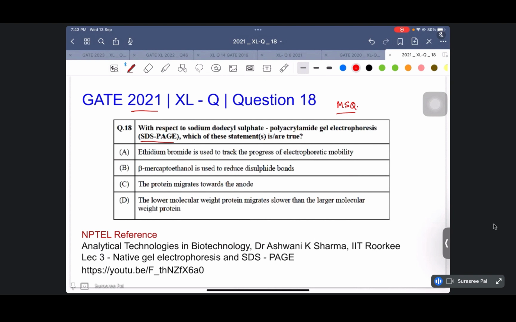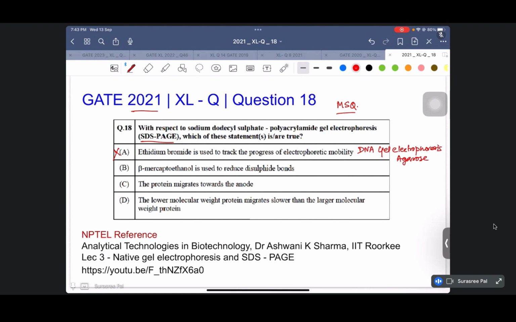So be very careful, because this option is given here to trick you, because ethidium bromide is used in agarose gel electrophoresis only, not in SDS-PAGE. So this is a correct option but not correct with respect to the question. It is for DNA gel electrophoresis or agarose gel. Therefore this option is not correct.